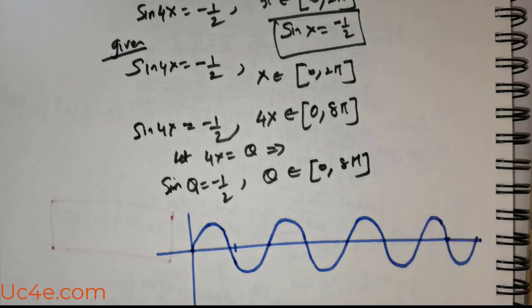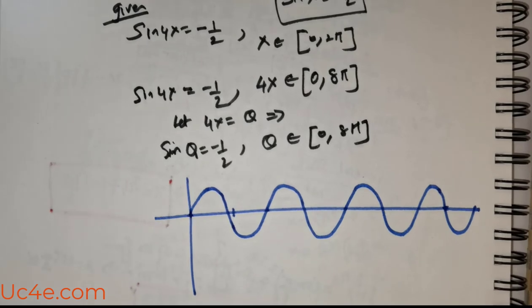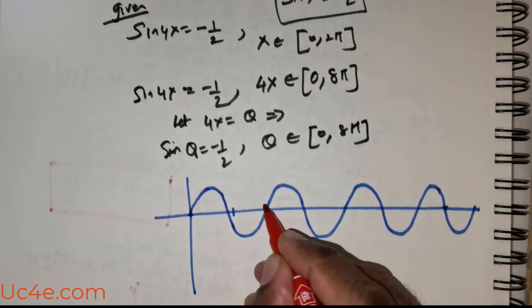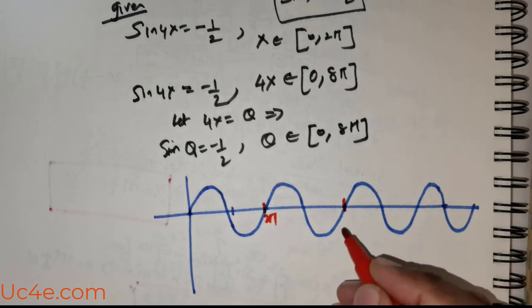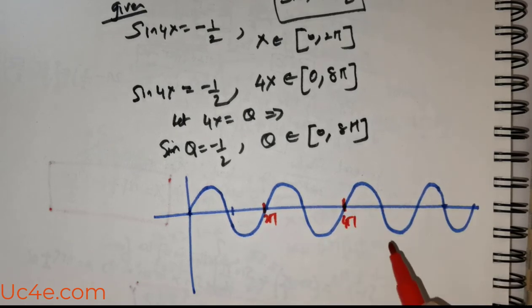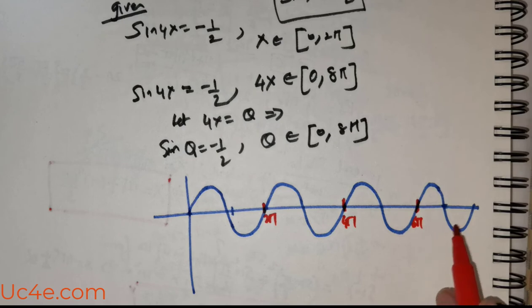Right, so let me give the coordinates now. So this is going to be 2 pi and then 4 pi and then 6 pi, and then this is going to be 8 pi, right?